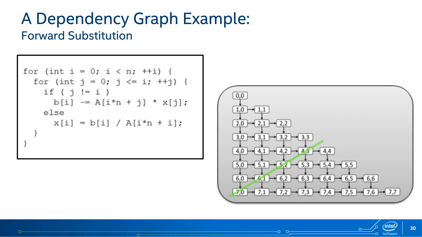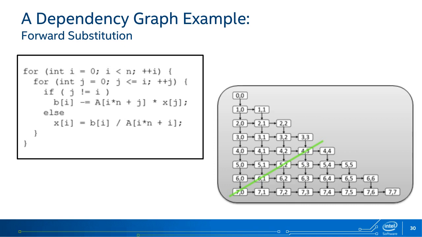If you were to look at the dependencies between all of the computations here, they would look like what's shown on the right. So we execute i, j equals 0, and the output of that is needed by 1, 0. I equals 1, j equals 0, generates results that are then needed by 1, 1, 2, 0, etc. So if we plot out all of the dependencies for this particular loop nest, it looks like what's on the right. And you can see there's a lot of dependencies here.